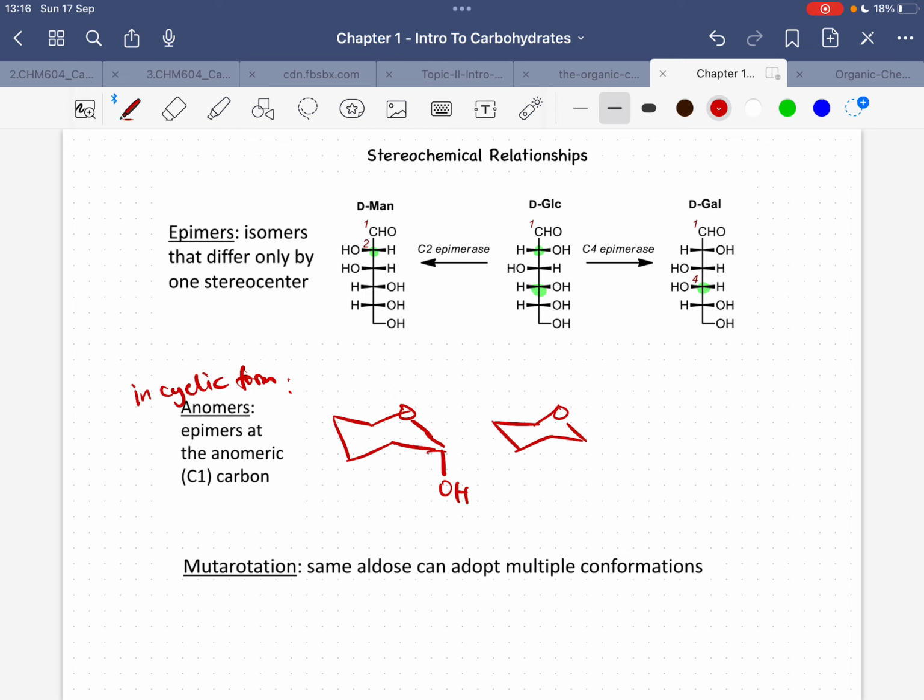In the chair conformation, the bonds are oriented like this: equatorial, axial, equatorial, axial, and so on.